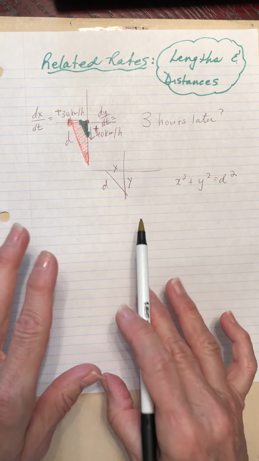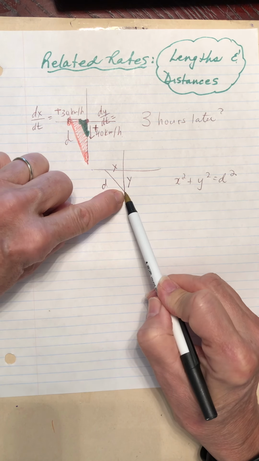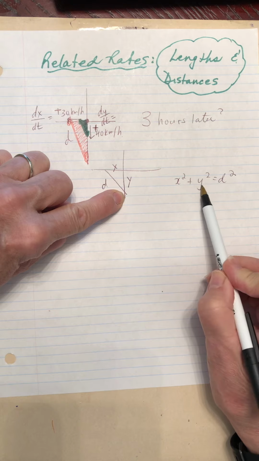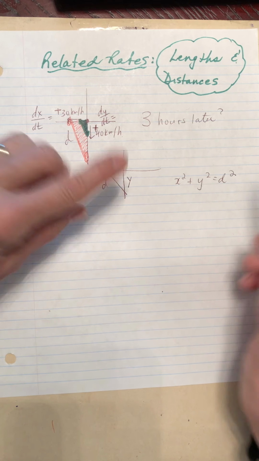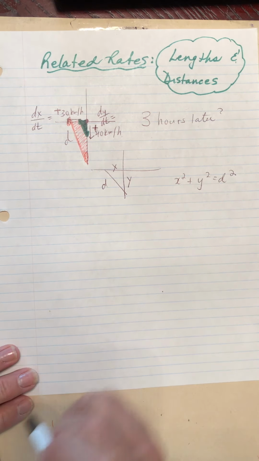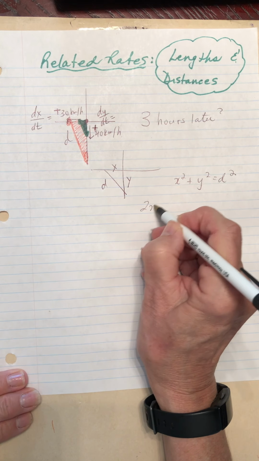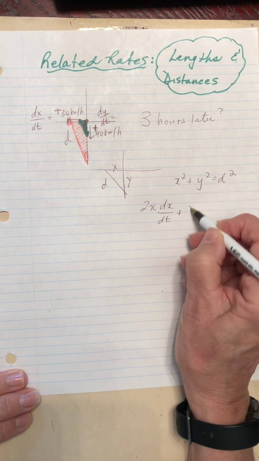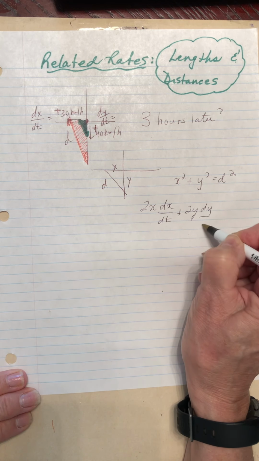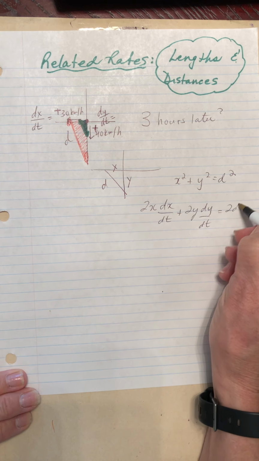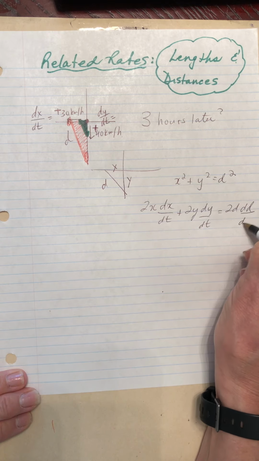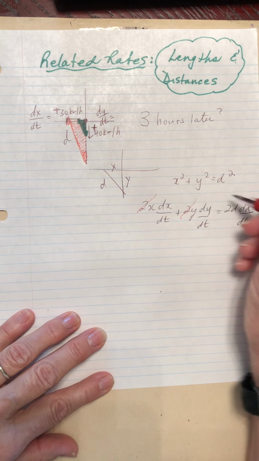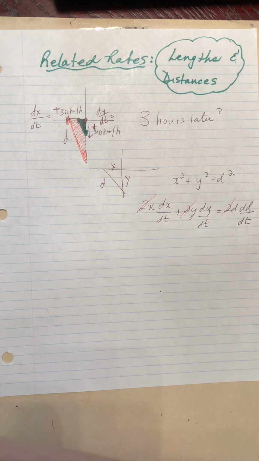If something was never moving, then I would put in that value here and work it out. But everything is in motion. So now you differentiate. So you'll have 2x dx over dt plus 2y dy over dt equals 2d dd over dt. To save yourself some work, all of those 2's can be divided out from the equation.